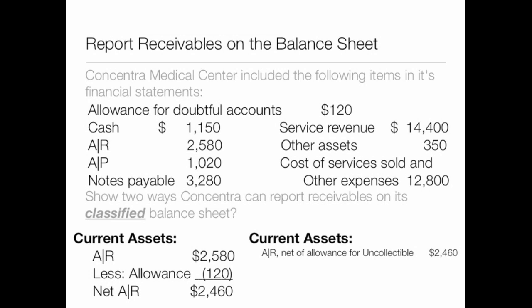And notice it's the same amount on both, $2,460. Now the second method here, the corporation would be required to disclose in the notes to the financial statements, which follow the financial statements in the annual report. They would need to report there the total accounts receivable and the amount in the allowance account.